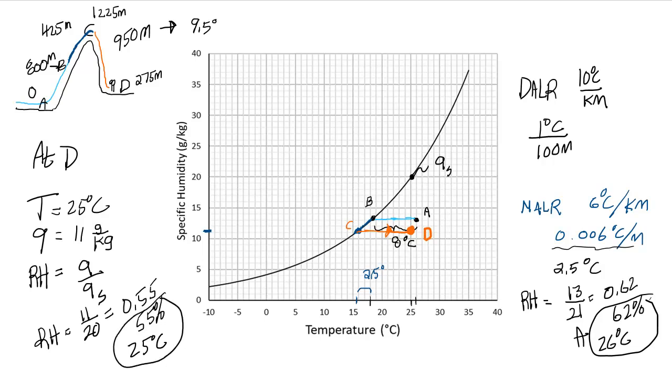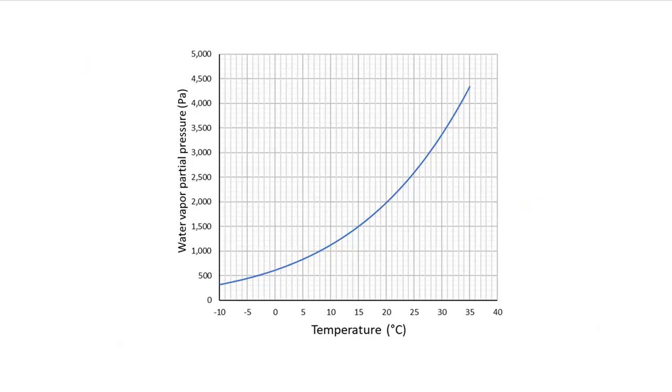This was at point D. So let's convert those into partial pressures on the partial pressure diagram. So initially we were at 26 degrees C, and we're going to use exactly the same idea. So the relative humidity is equal to, now on this diagram, the actual water vapor pressure, partial pressure, divided by the saturation level of water vapor.